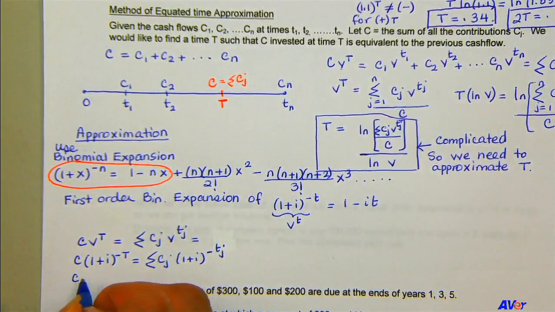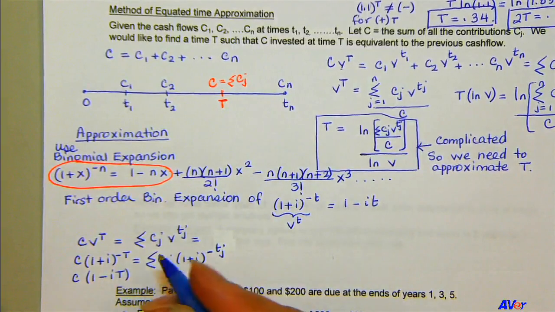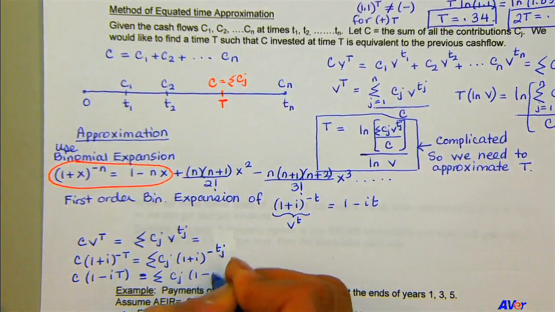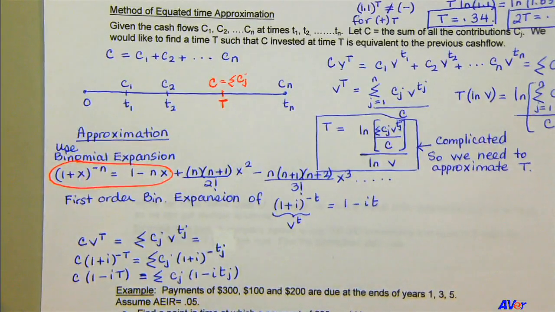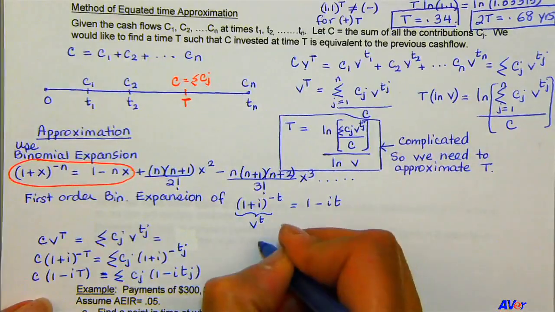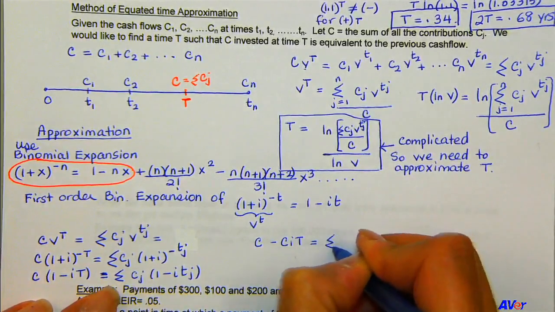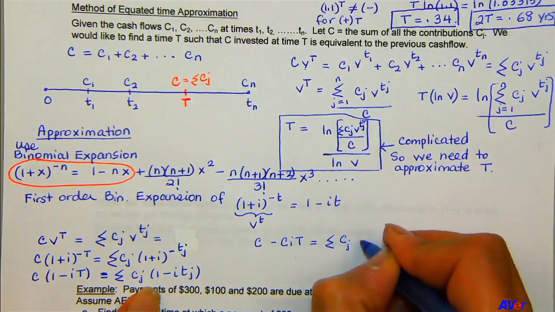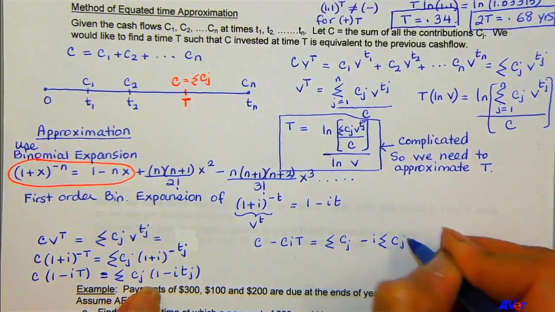So by the binomial expansion, I have c(1 - it) equals the summation of cj(1 - i tj). Using that same rule on both sides, and then I clean this up. So this will be c - cit equals the summation of cj minus i times the summation of cj tj.